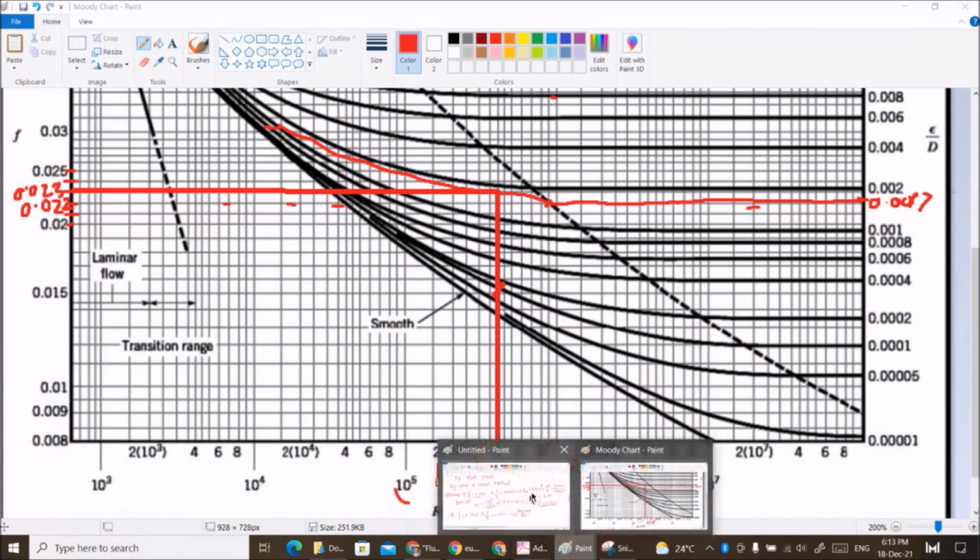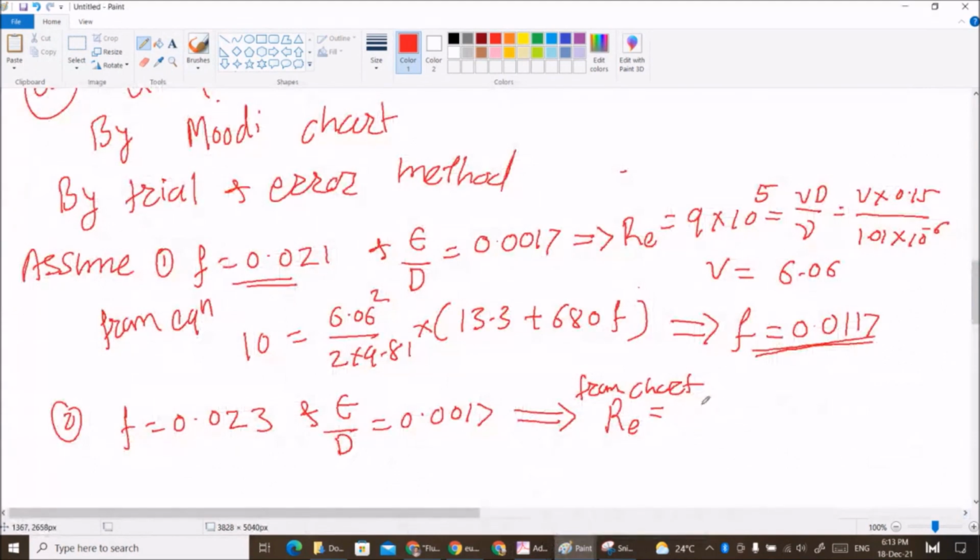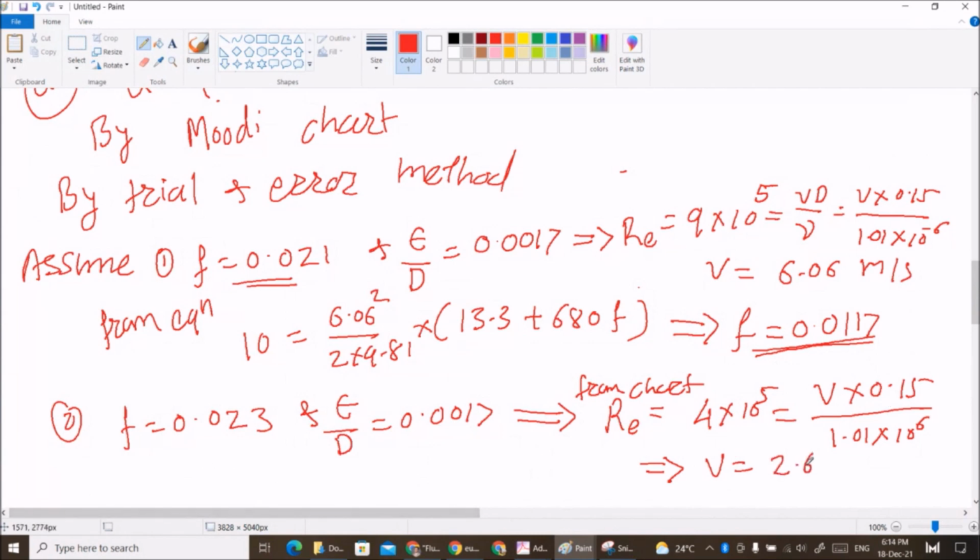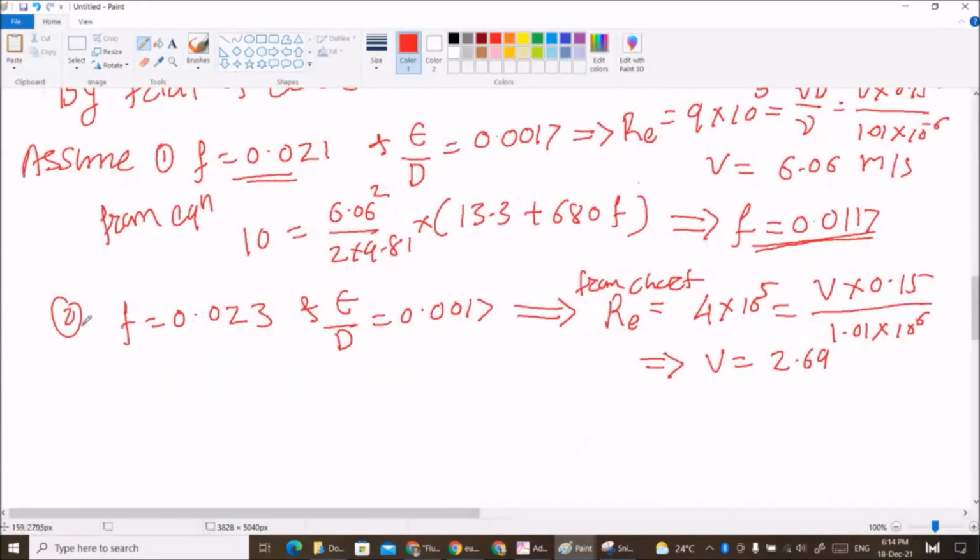So we'll write back. So Reynolds number is 4 into 10 to the power 5. This will give me the velocity v into 0.15 divided by 1.01 into 10 to the power minus 6. So this will give you v is equal to 2.69 meter per second. Okay, and now I will check the friction factor from the chart.